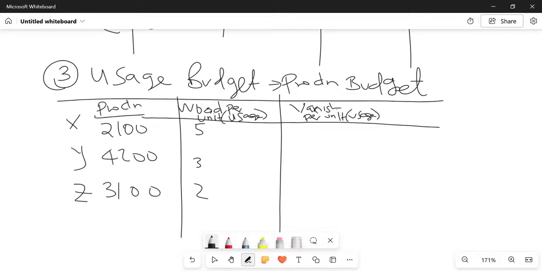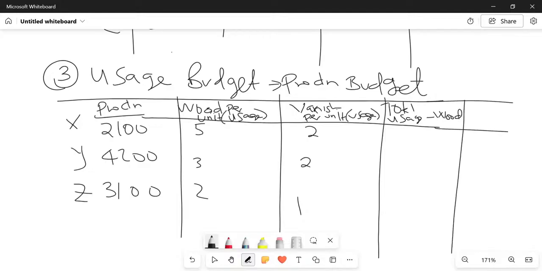Thank you so much. And for varnish, we have here 221. So then give me the total usage for wood, and then total usage for varnish. That's how you do it.